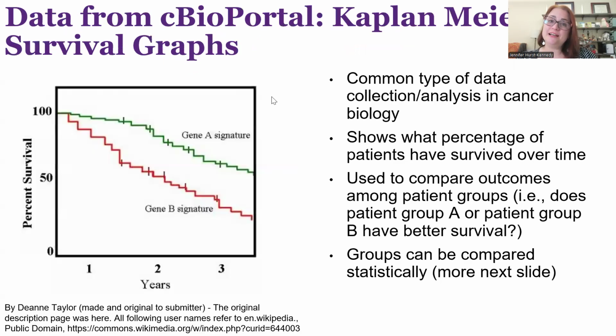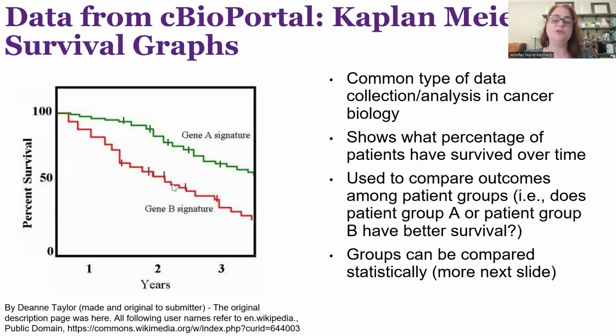You will follow the guide for these template research questions to collect your data from cBioPortal. I wanted to briefly talk about some of the types of data that you'll collect from cBioPortal. In all three template questions, you will be asked to collect what are called Kaplan-Meier survival graphs. If you're unfamiliar with these, you will see percent survival on the y-axis and time on the x-axis.